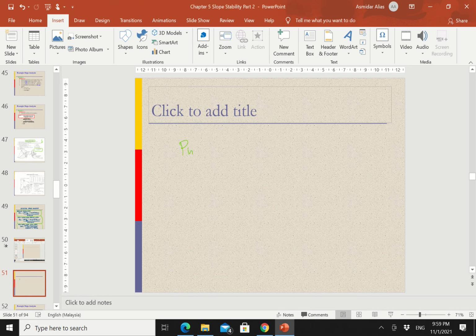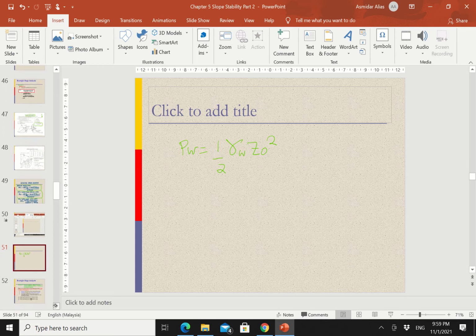PW is the equation for force of water, which is half gamma water Z0 squared. And then YC is the length from the force of water to the centroid of your diagram.